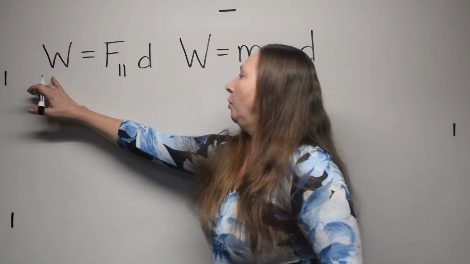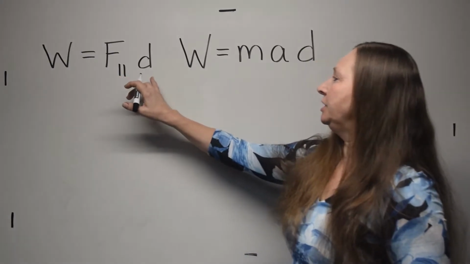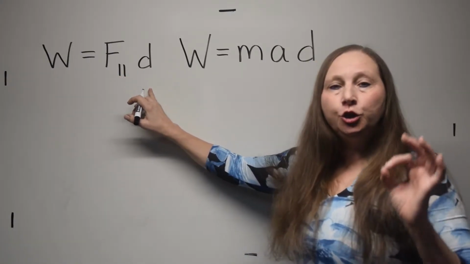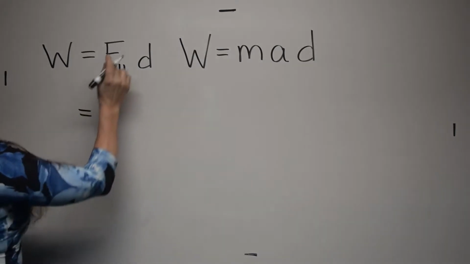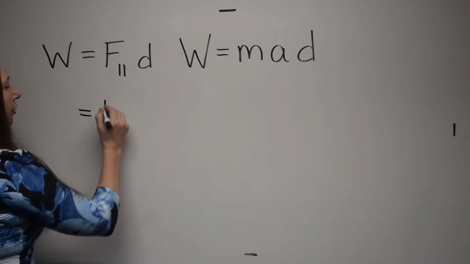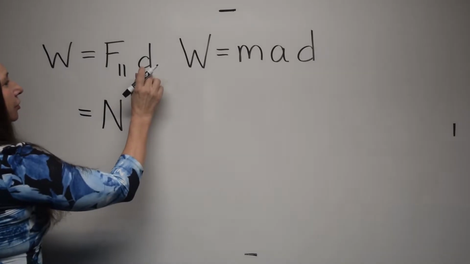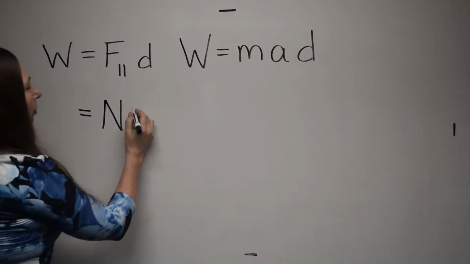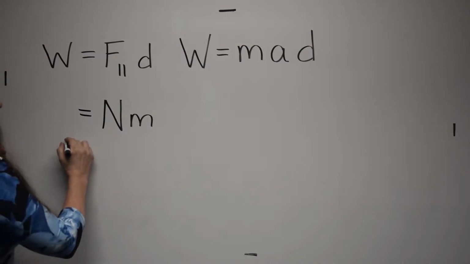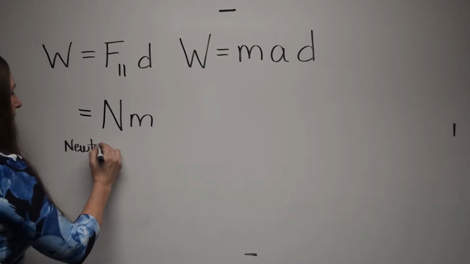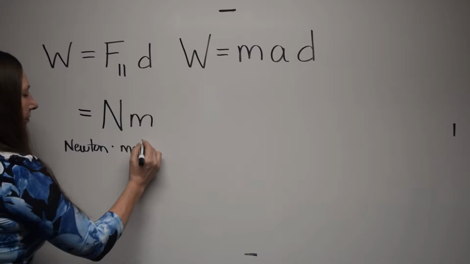So, if work is equal to force times distance, then the unit for work would be the unit for force, which is the Newton, times the unit for displacement, which is the meter. So this is a Newton meter, and you would just say Newton meter.